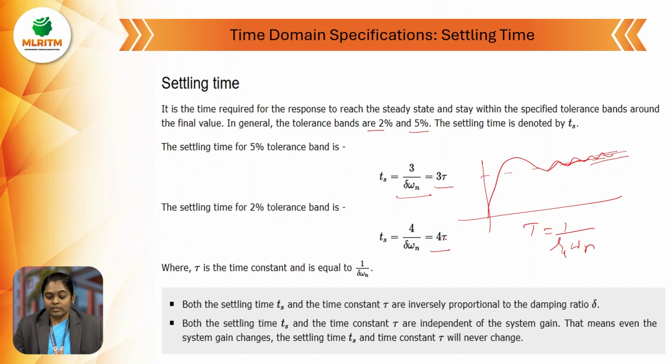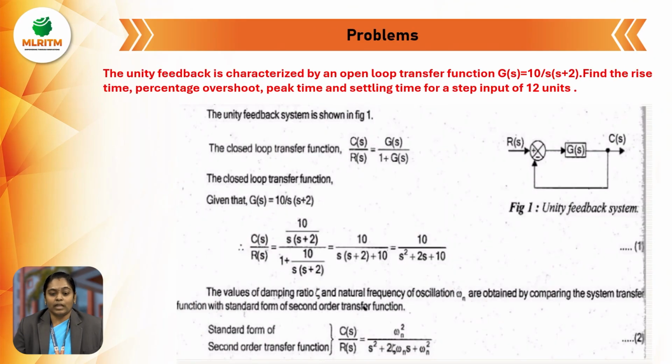So we'll be having some numerical problems based on the time domain specifications, in which they'll be giving the value of the open loop transfer function, and they'll be asking to find out the time domain specifications. If you observe here, they have given a unity feedback system in which G of s is 10 by s into s plus 2. This is an open loop transfer function.